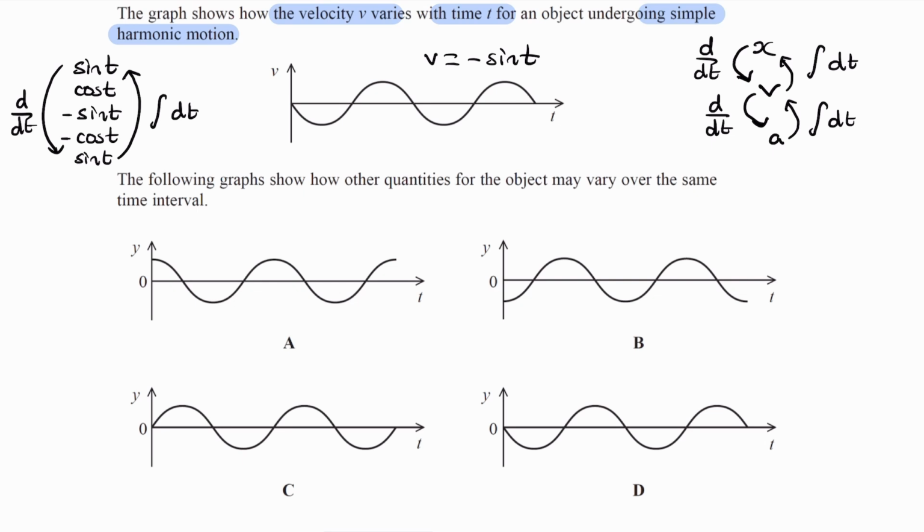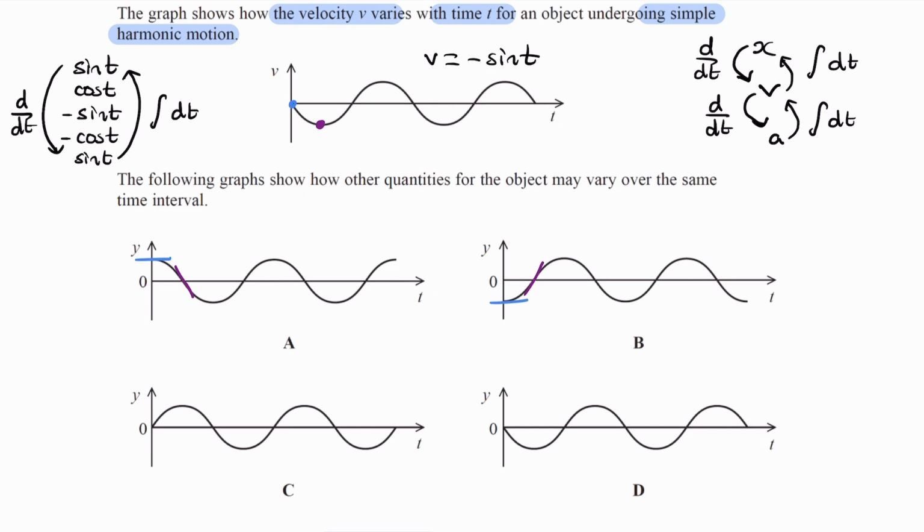That could be A or B. Gradient here is 0, gradient here is 0. Then the velocity time graph is a max negative value. This tells us that the gradient for the displacement time graph should be a max negative value. And that narrows it down to option A. The gradient here is a max negative value, whereas for option B, the gradient here is a max positive value. So therefore it must be A.